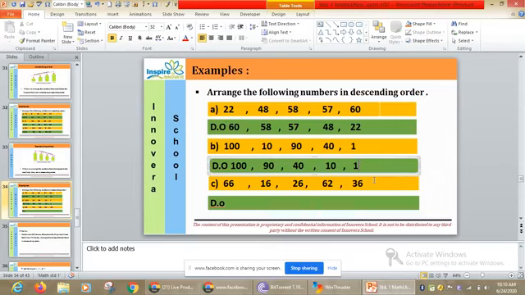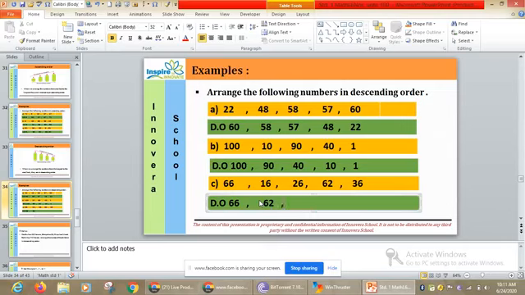See the numbers in the tens place: 6, 1, 2, 6 and 3. Among 66 and 62, which is the bigger number? It is 66. After 66, what will come? One more number is there with 6, that is 62. So you write here 62.